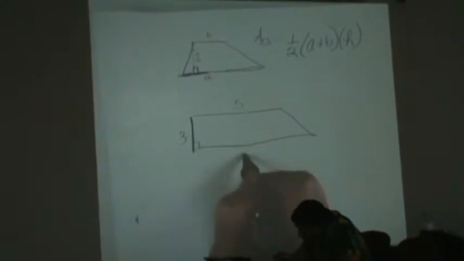Okay, so let's draw one out. This one I'm going to make the height right here. Okay, let's say the height is 3, the top is 5, and the bottom is 7. Let's go inches. Okay, the area of this will be 1/2.